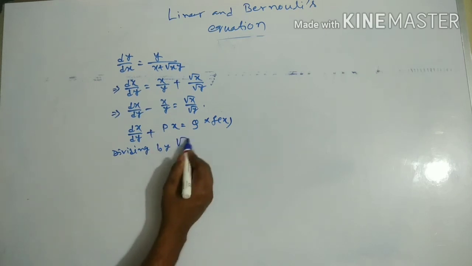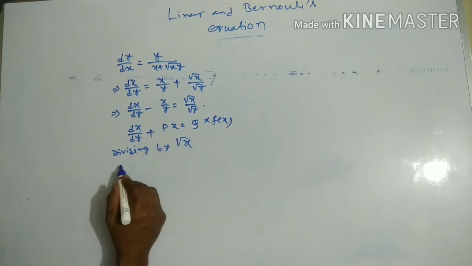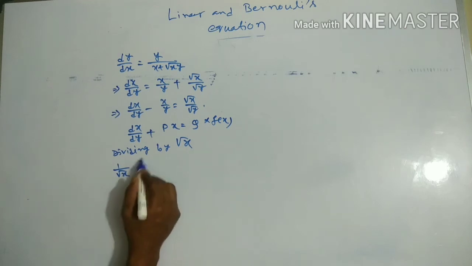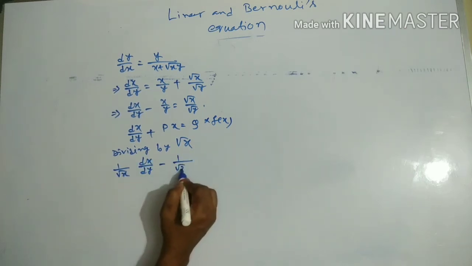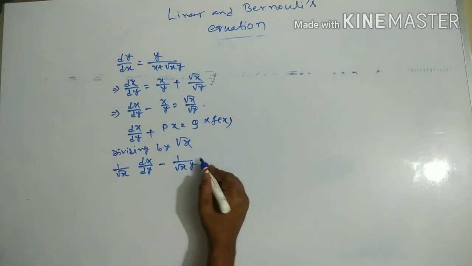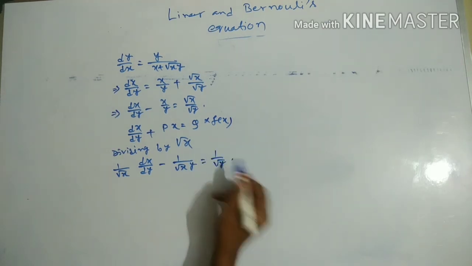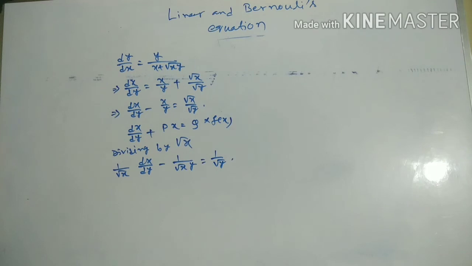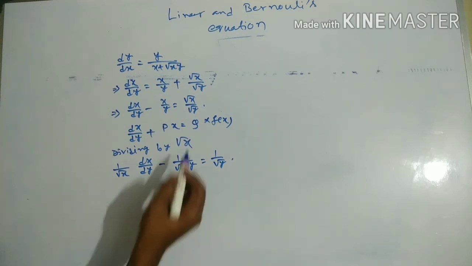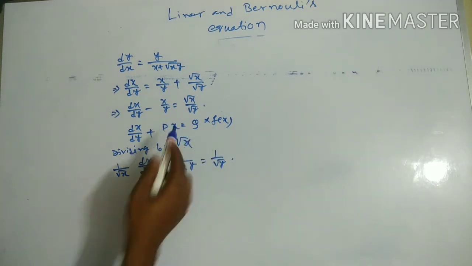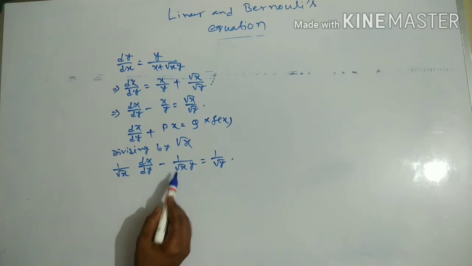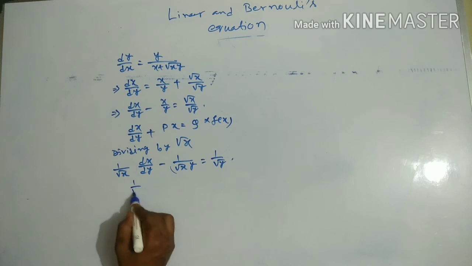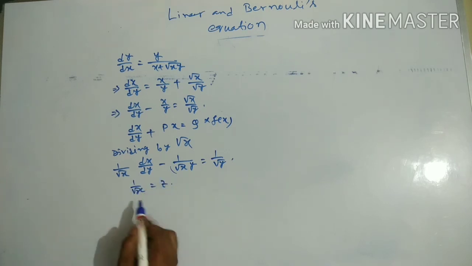So this will be 1/root x dx/dy minus 1/root x times x/y equal to 1/root y. Now after dividing, the new function should be substituted by some variable z. Here the result is 1/root x, so 1/root x equal to z.